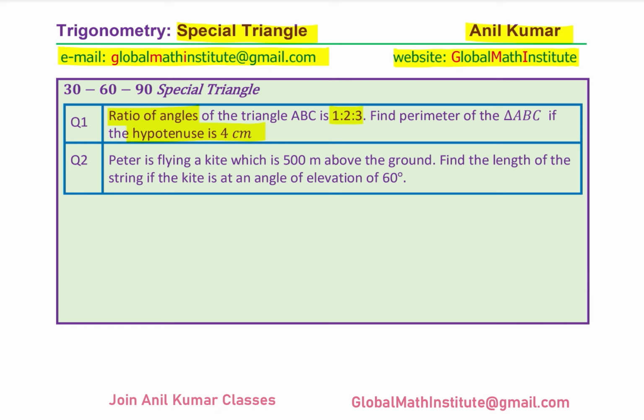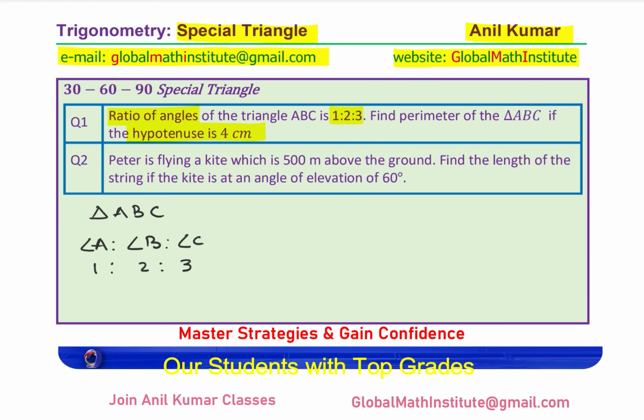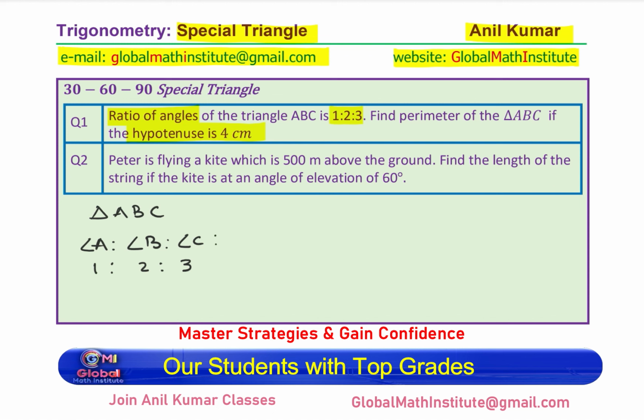Let's first understand the triangle ABC where angle A to angle B to angle C is 1:2:3, correct? We know the sum of the angles is 180.